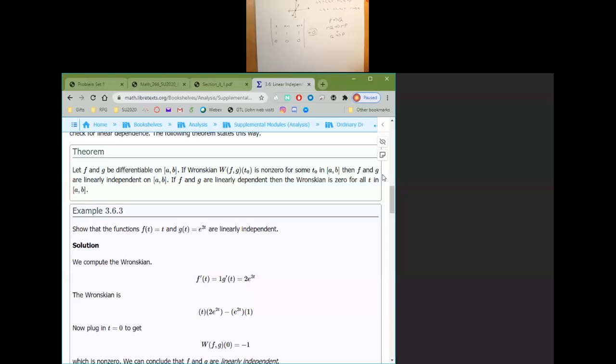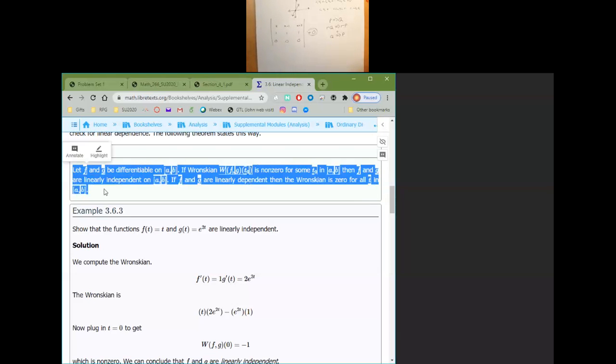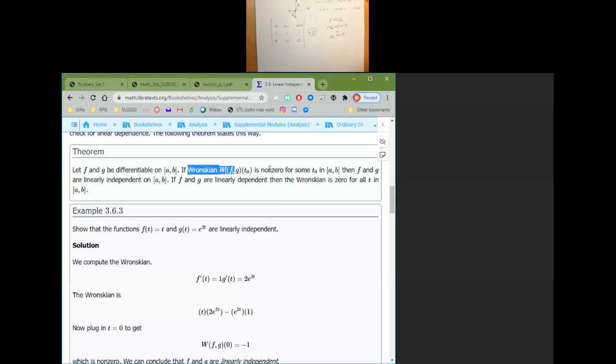Have I lost everyone yet? A little bit. Yeah, so this is definitely logic type stuff, but specifically what Professor Lee is trying to say, and what this is saying, is that if you calculate the Wronskian and it's non-zero over an interval, then you know that those functions are independent of each other on that interval.